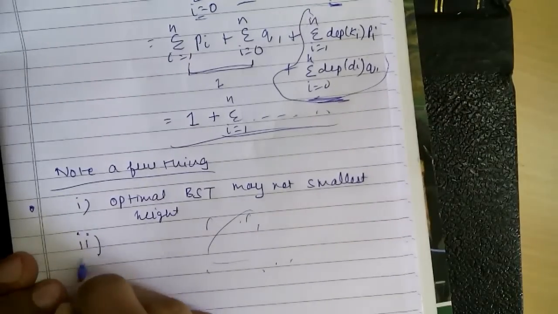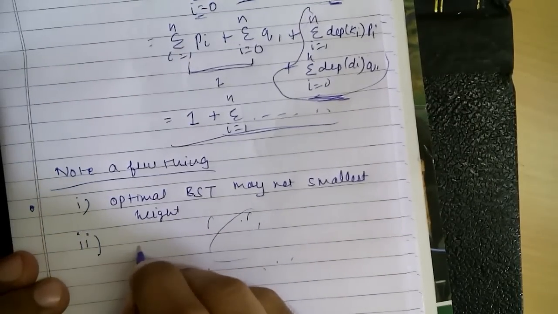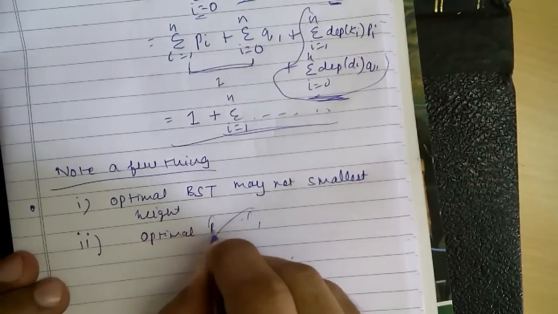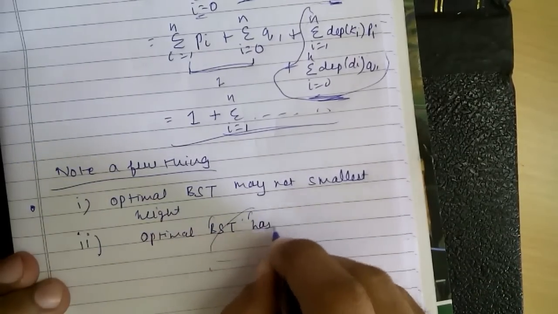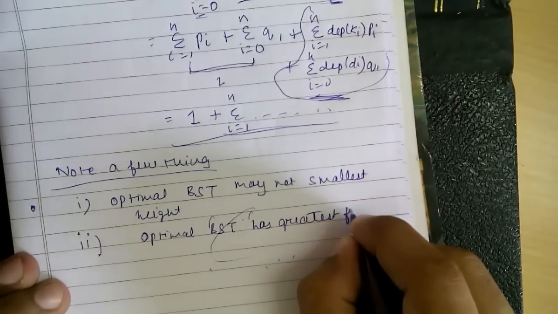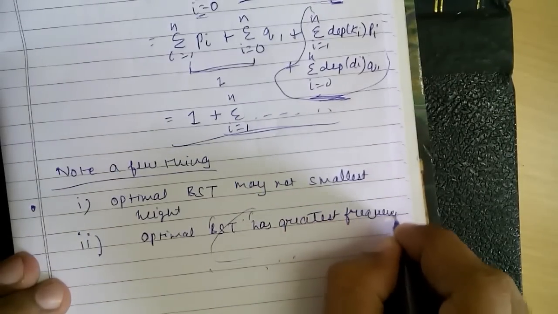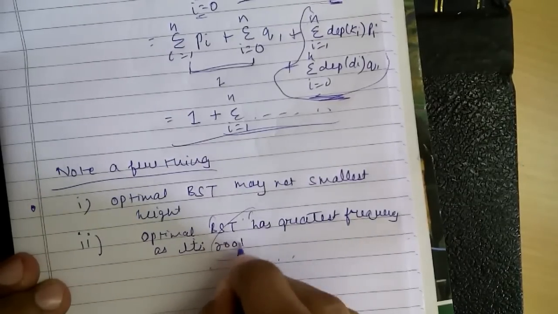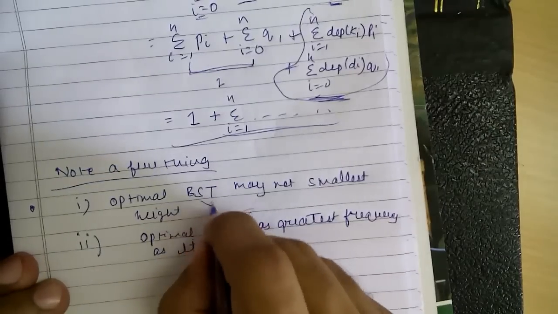So when we consider frequency, we think that the optimal BST has the greatest frequency as its root. This is also a wrong assumption.